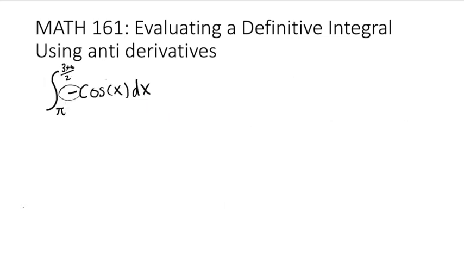So that means the antiderivative of negative cosine x is going to be negative sine x. And if you want to check if you did it right, just take the derivative of what you took. Because if you take the derivative of negative sine x, you're going to get negative cosine x, which is a good check to know that you got it.